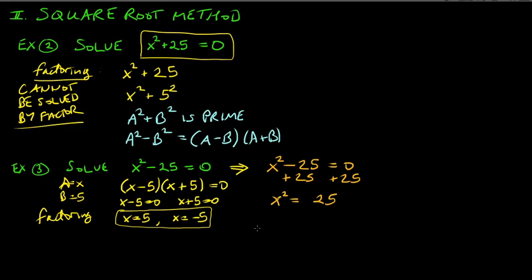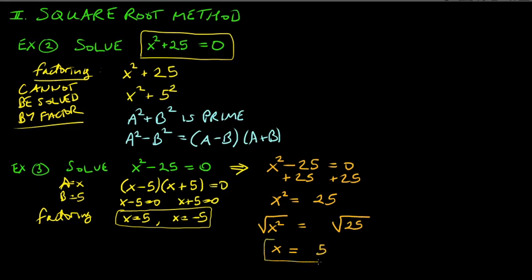What undoes the x squared? The inverse of squaring something is taking the square root. So you would simply take the square root of both sides, and undoing the square root leaves you with x. And on the right side, the square root of 25 is 5.